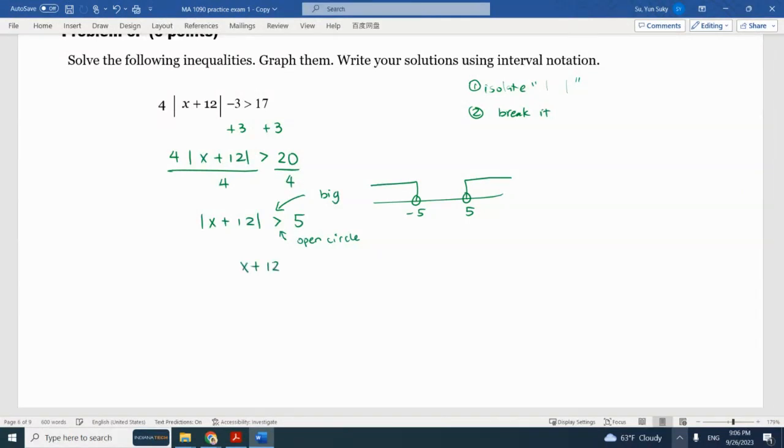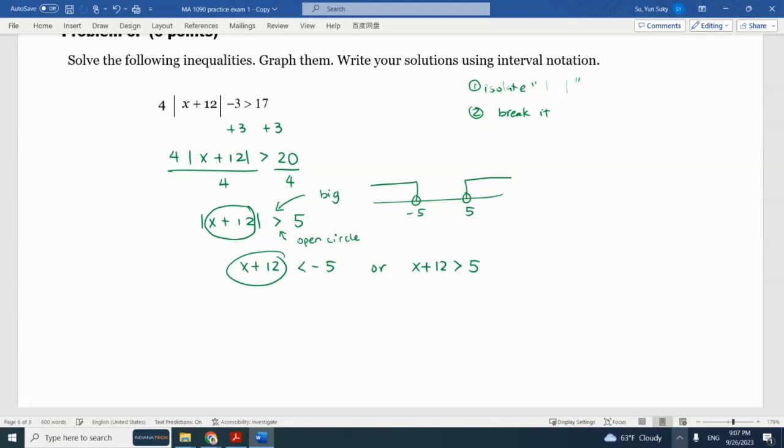You get x plus 12 is either less than negative 5 or x plus 12 is greater than 5. Don't just put the x, it's whatever is inside the absolute value, you put the whole thing here. So less than minus 5 or greater than 5. So this is big, outside.